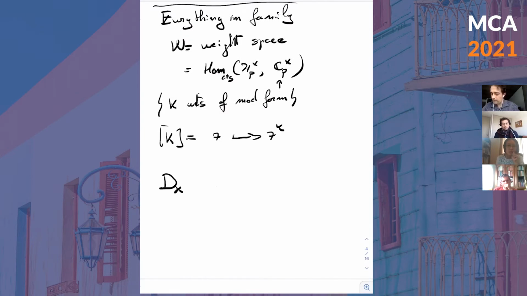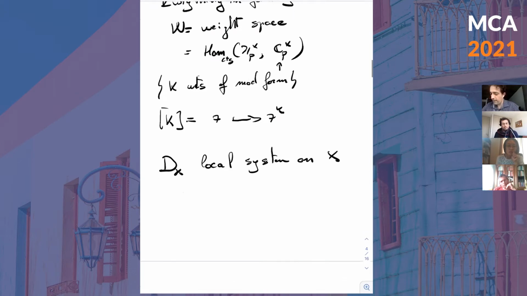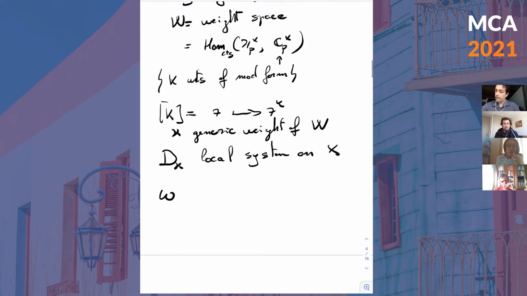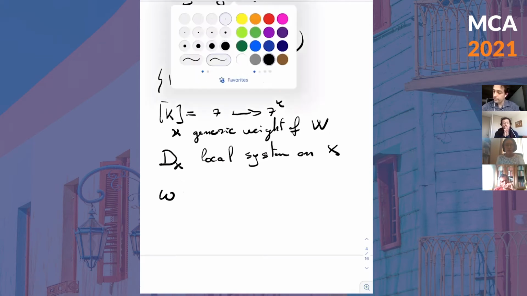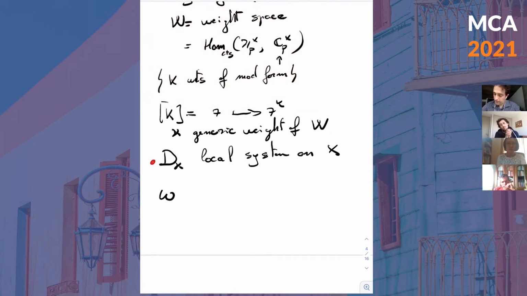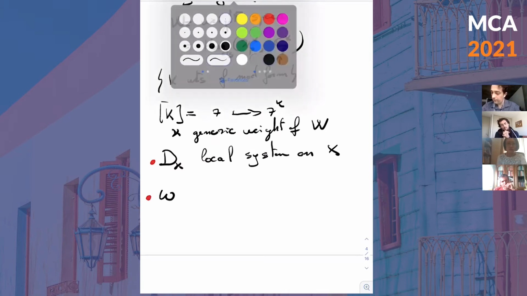One is D kappa, which is a local system on X. I can construct another, here kappa is the generic weight of my weight space, and I define these two objects, a local system and a coherent sheaf.